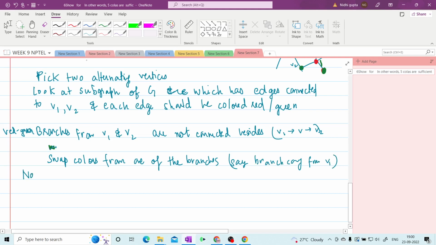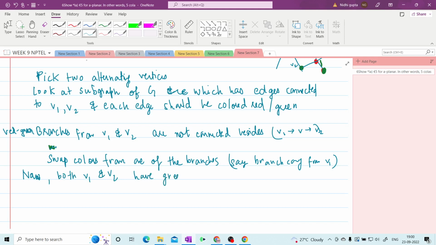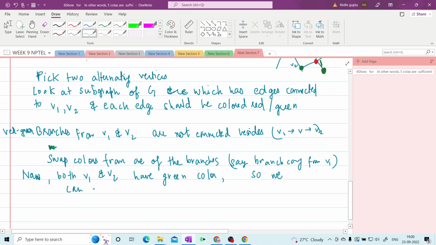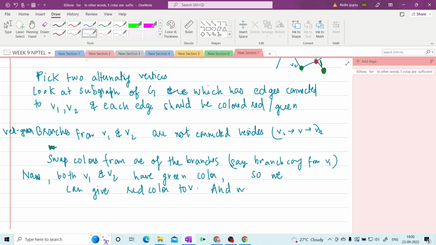Now both V1 and V2 have green color. So we can give red color to V, and we are done. So this was our basic subcase 1.